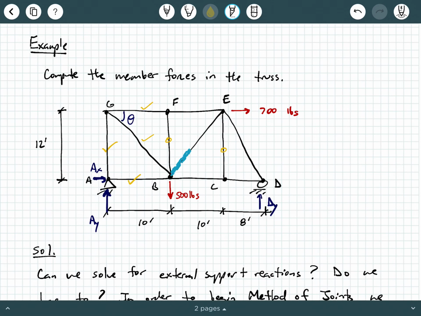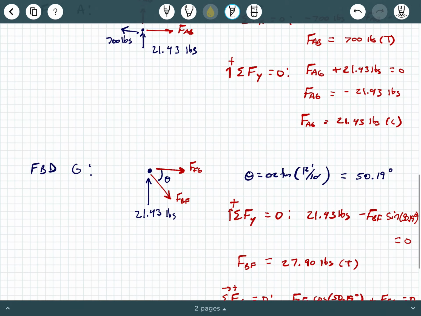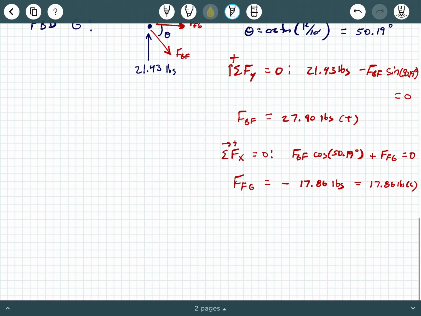So we could end up going to BE right now and BC, getting these two unknowns. Or we could just go to joint F right now. I'm going to say let's go to joint F. We only have the one unknown, and that's going to be pretty straightforward to get. But again, you do have options here. There's not necessarily one way of doing this.